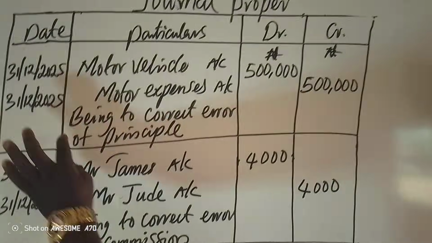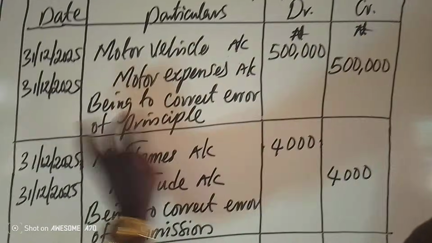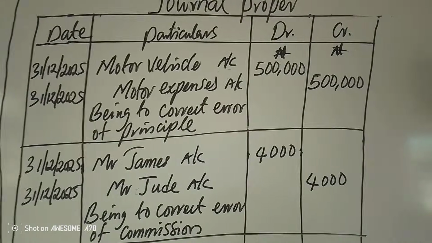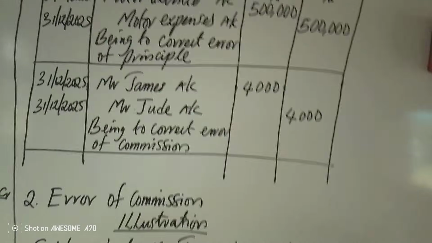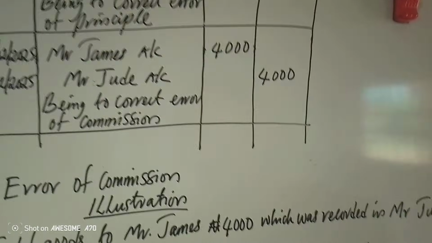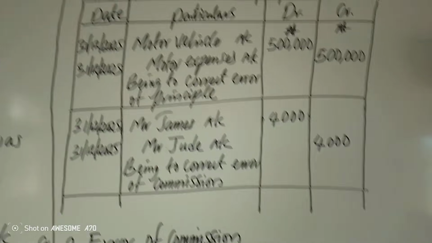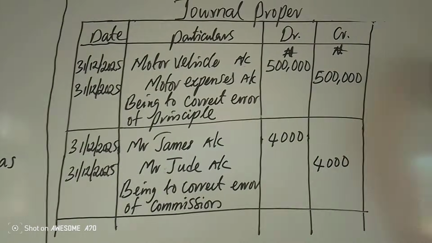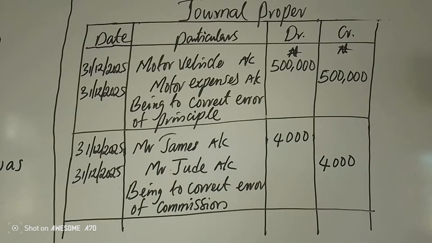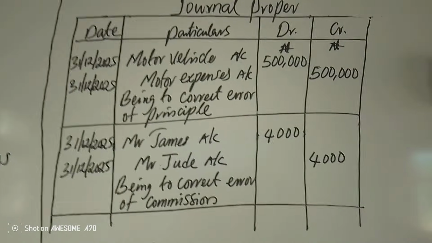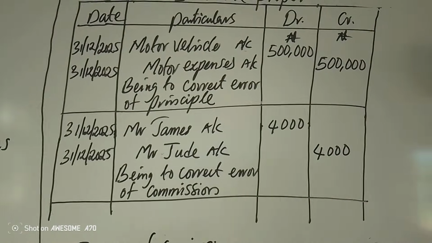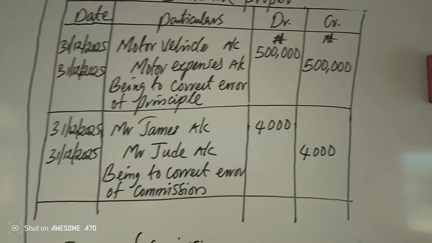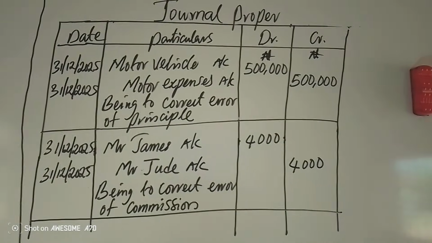You now say "being to correct error of principle". If you know the name of the error, it's best to use the name of the error. But if you do not know the name, you can just make it clear by saying "being to correct error of motor vehicle recorded in motor expenses account", as short as clear. But if the error is well known and clear, it's best you put the name of the error straightforward.